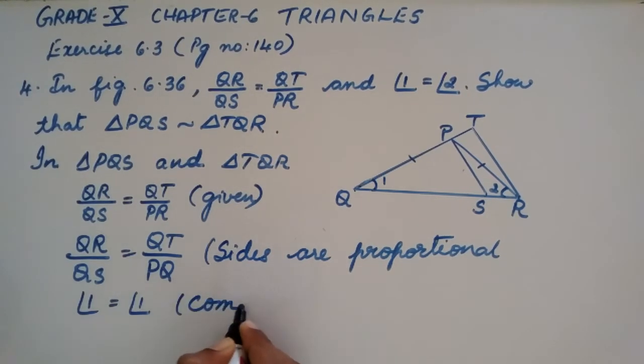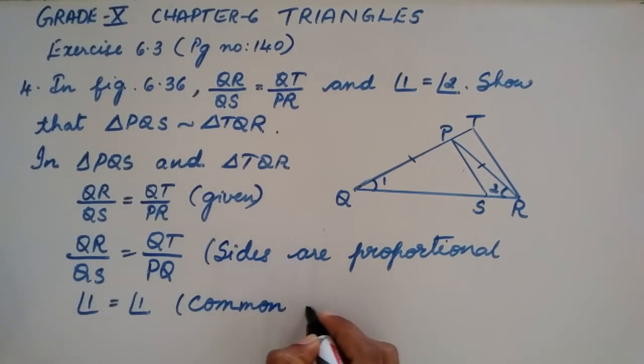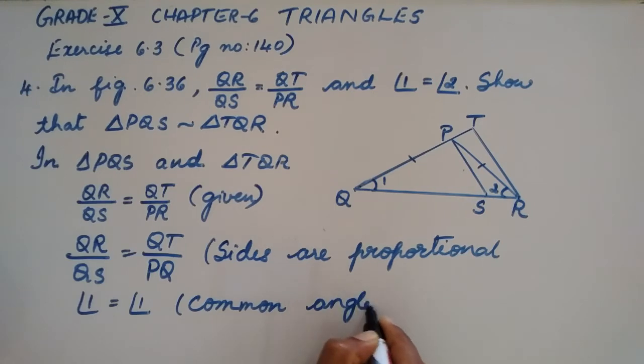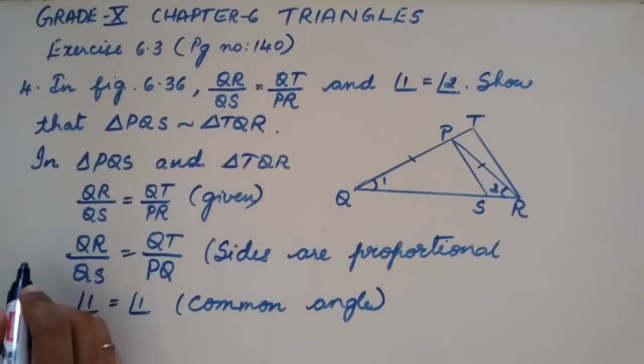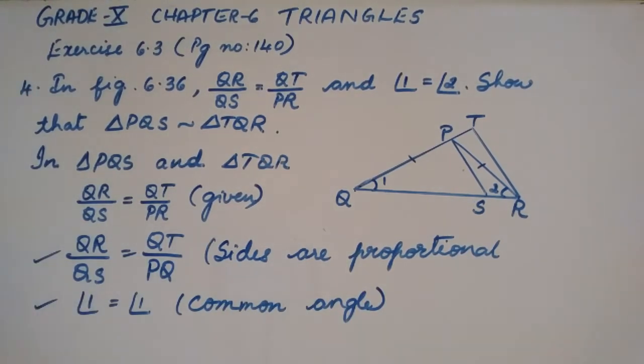That is the common angle. Now by looking at the sides and the angle, by which similarity criteria can we say that triangle PQS is similar to triangle TQR? Yes, the sides are proportional and then the one angle. So one angle and sides are proportional.